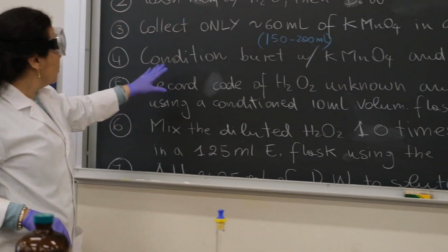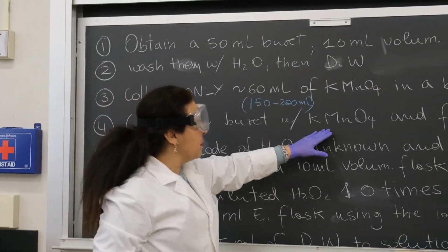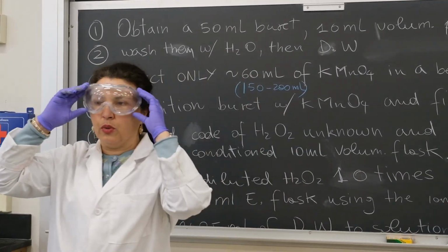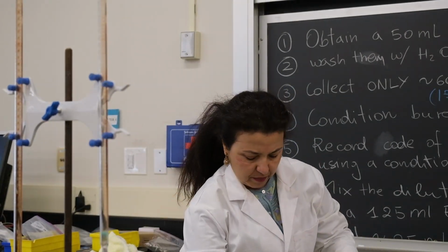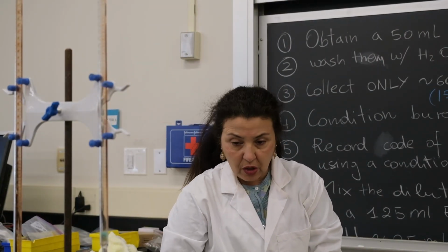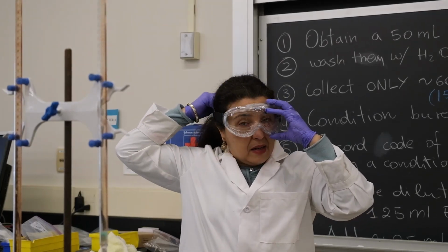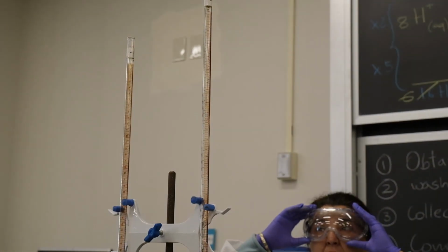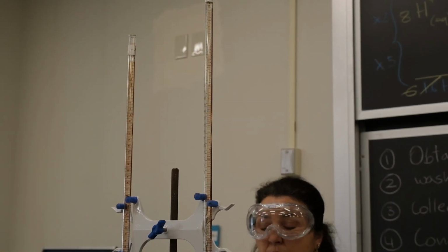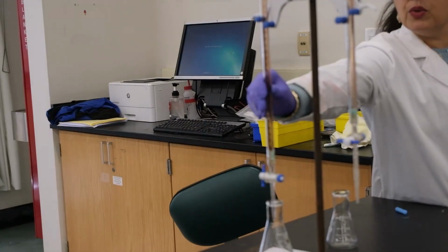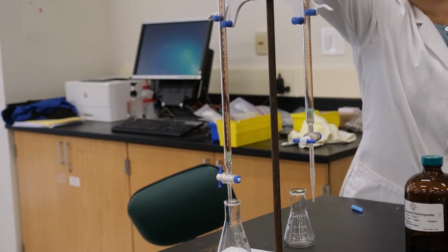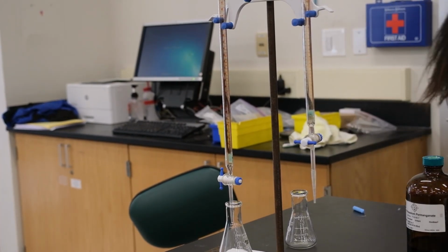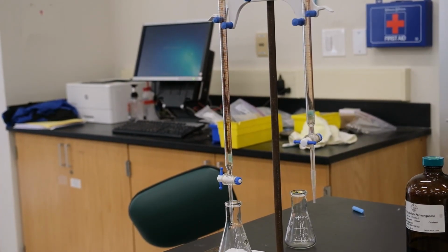So once we do condition the burette with the permanganate, we fill it up to the 0 mark, which right now I cannot see. So now the permanganate is highly concentrated. And so what you want to do is use a flashlight, maybe the flashlight in your telephone, to look at the 0.00 mark.